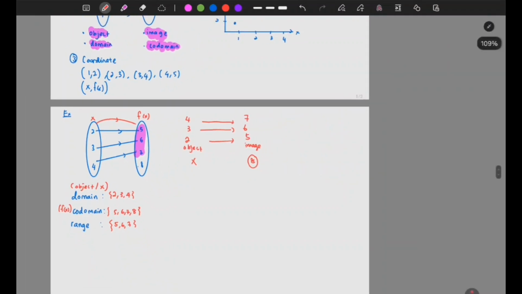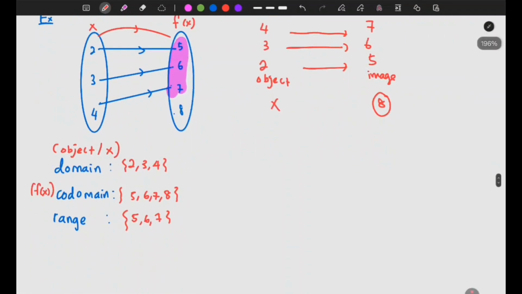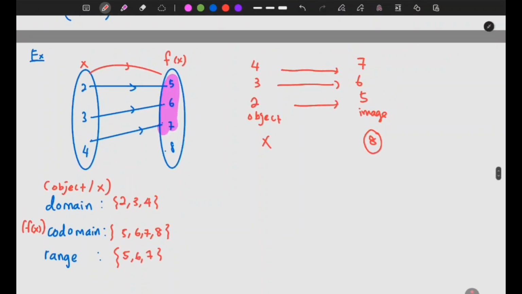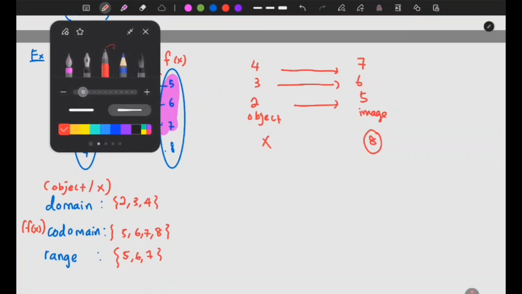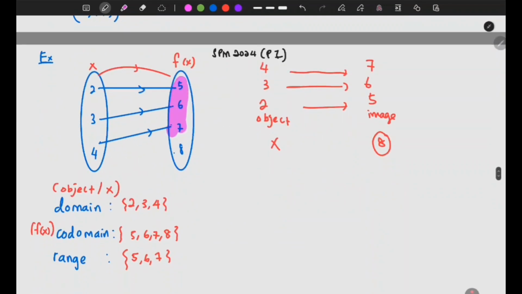Alright, so this is the exam question, and this question was asked, not exactly the same numbers, but they asked this type of question in SPM 2024 paper 1.